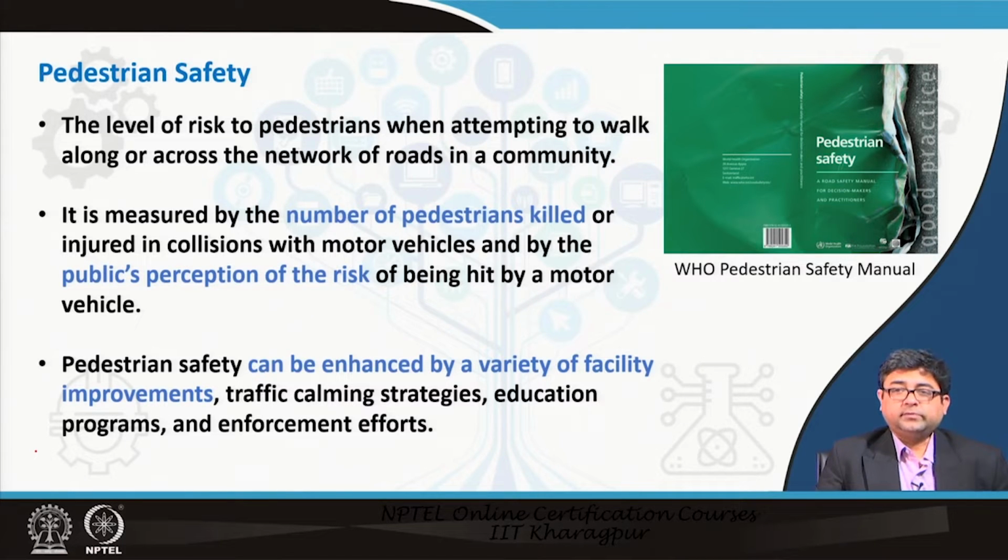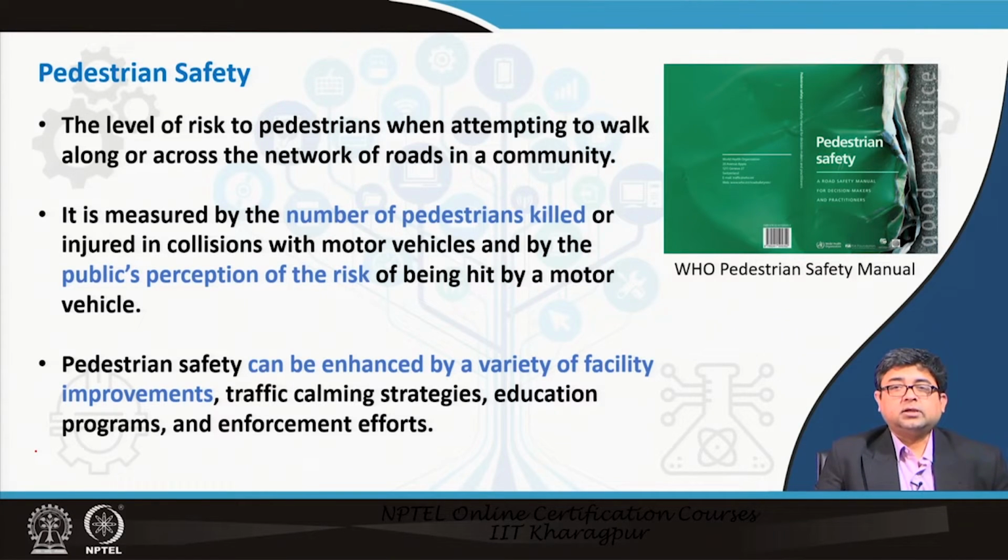Even if there are no actual accidents that have happened, if the pedestrian perceives that this location is dangerous for him or her, he or she may not be willing to walk on that road. So, there are two ways to look at safety, and pedestrian safety can be enhanced by a variety of facility improvements such as traffic calming strategies, education and enforcement efforts.